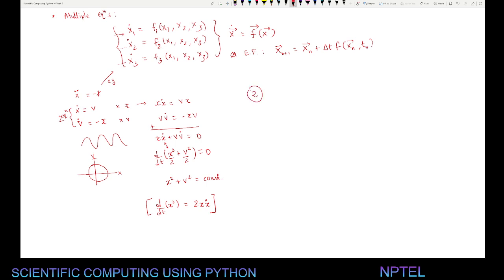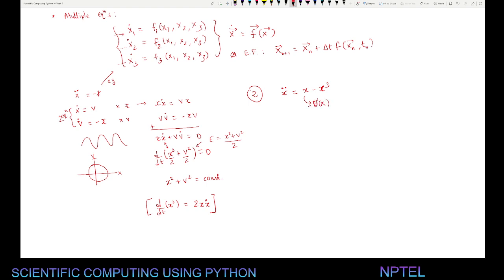was x double dot equal to x minus x cube in this case. So the energy for this was x square plus v square divided by 2. Similarly, if you just say this is some u dash of x, right?